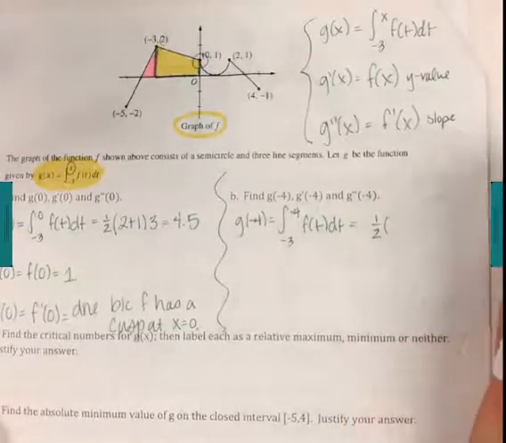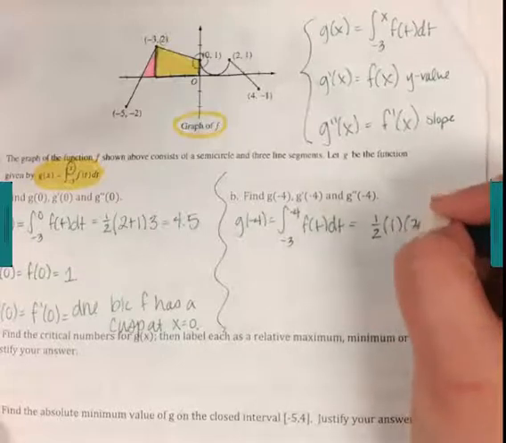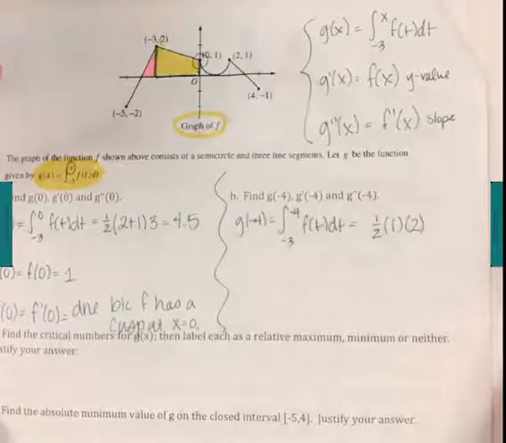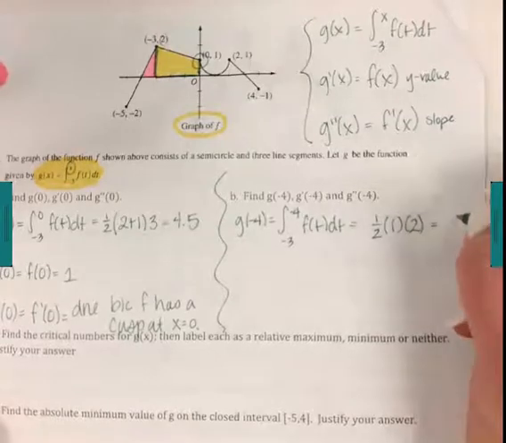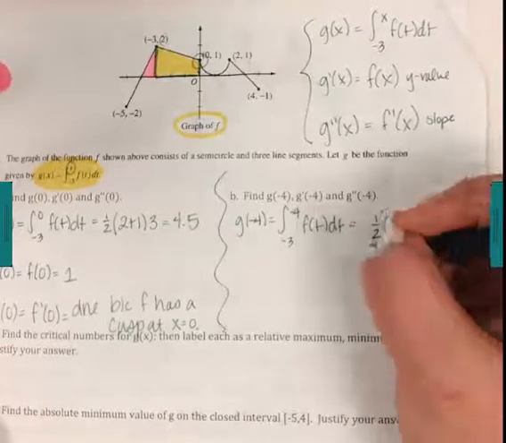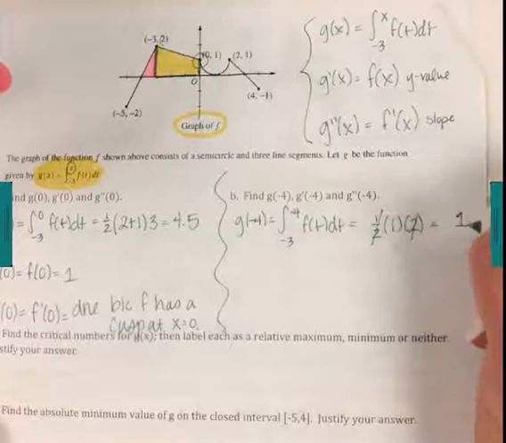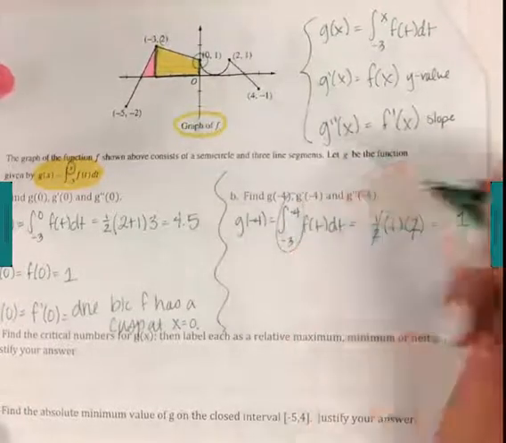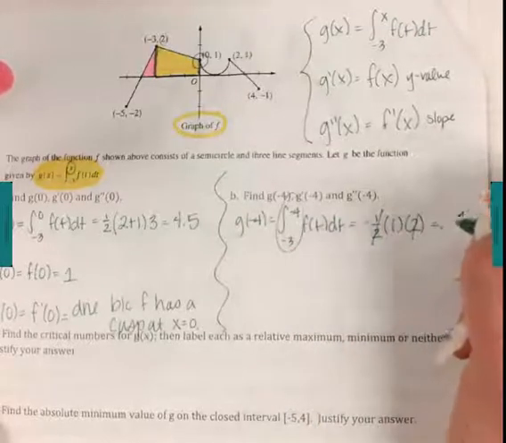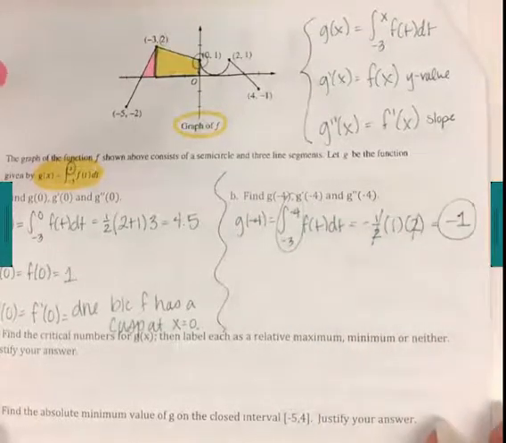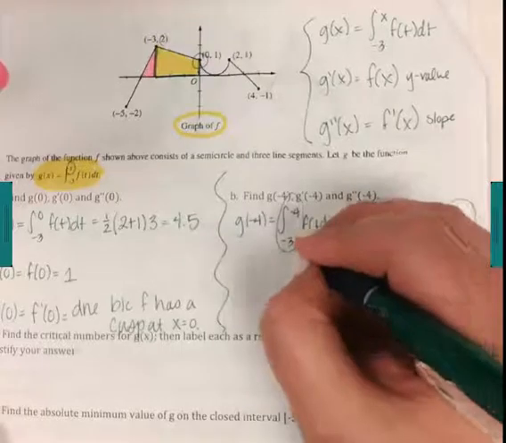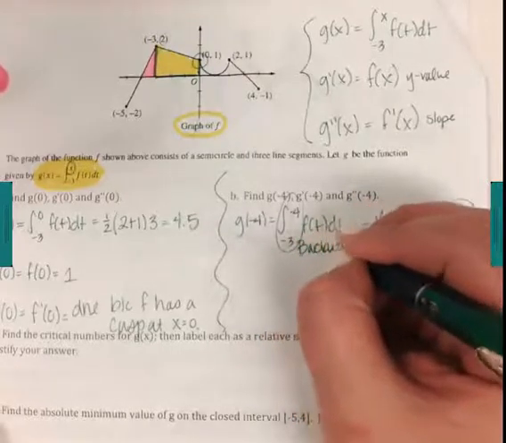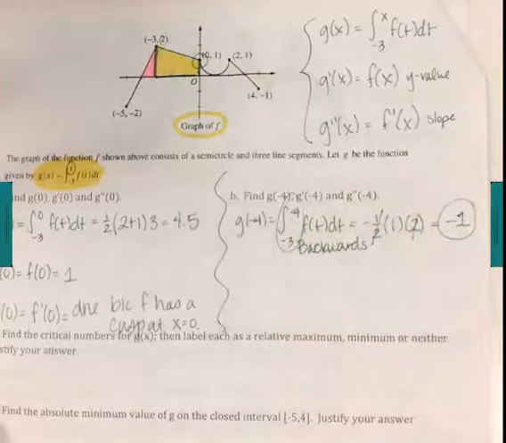Okay, 1/2, my base is 1, my height is 2. Half and 2 cross out, so it's just a 1. It is backwards, and if it's backwards, what do we have to do? Negative. So because those endpoints were backwards, I take my positive 1 area, and then I switch it to be negative.